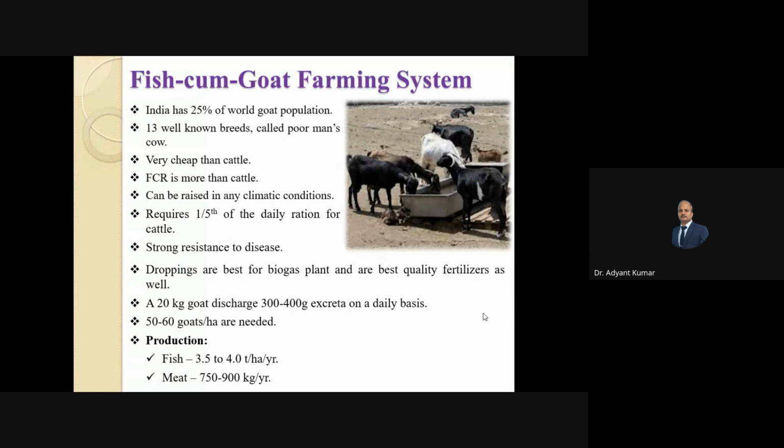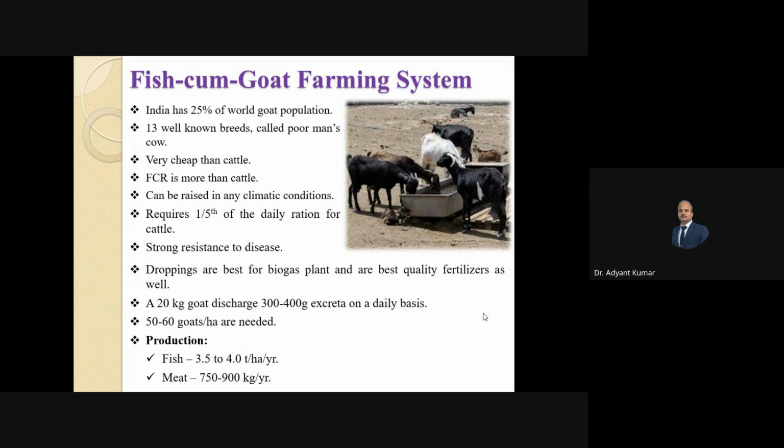The feed consumption ratio is also much better in goats than in cattle, and they can be raised in any type of climatic condition. They require 1/5 of the ration when compared with cattle, and they also provide strong resistance against various kinds of diseases.